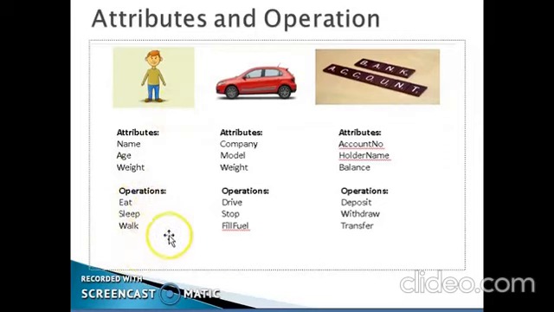These are all the operations that this person performs. All these operations are performed using functions or member functions. So this is one example of a class.